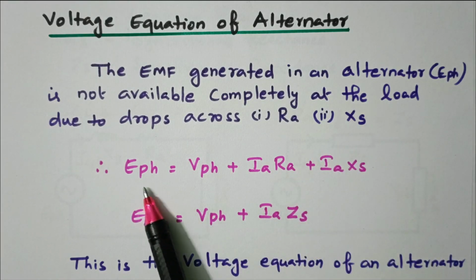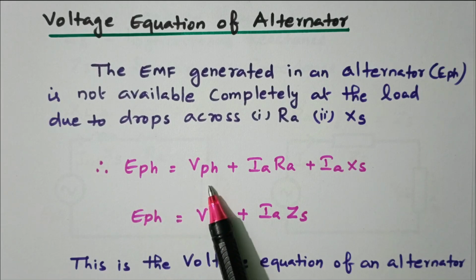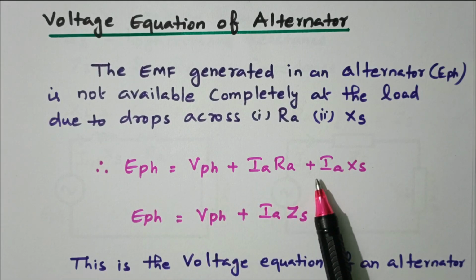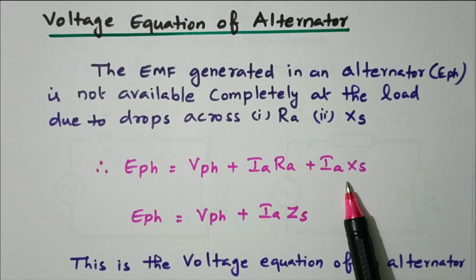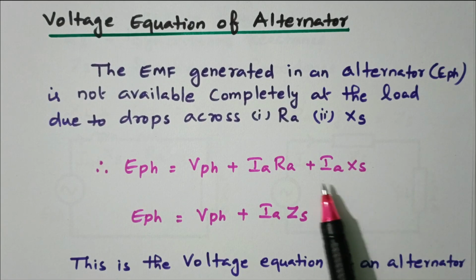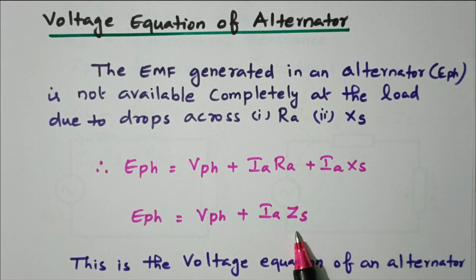So E phase equals V phase plus IA RA plus IA XS. Armature resistance drop, then armature reactance drop. This RA and XS can be written as ZS, the synchronous impedance drop. So this is our final equation. E phase is the vector sum of V phase and IA ZS. That we need to prove for the phasor diagram.